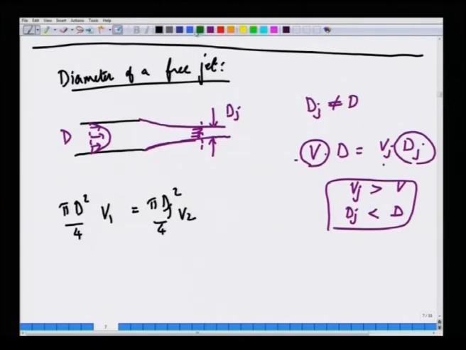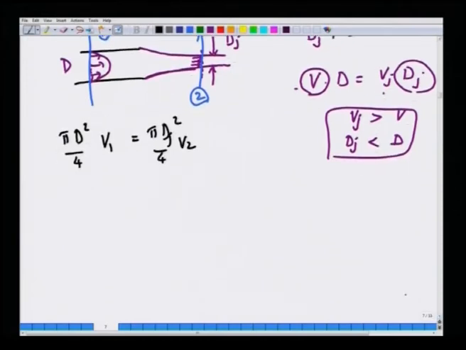Let us call this station 1 and this station 2 in our analysis. This is the integral mass balance applied between points 1 and 2 of the CV.